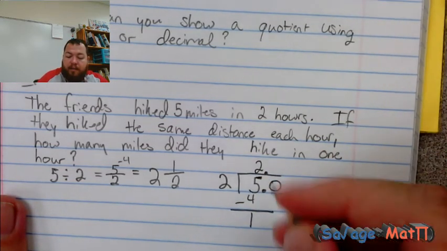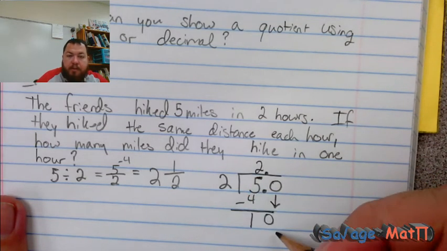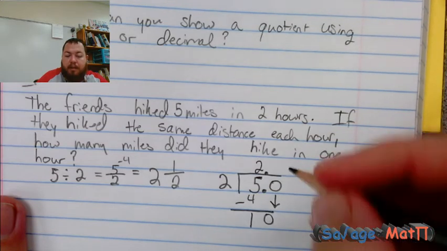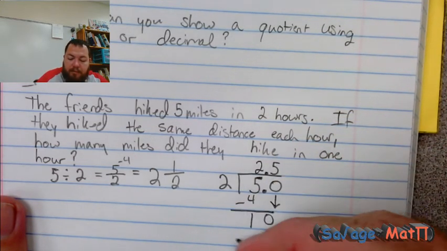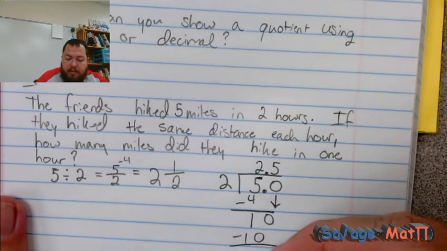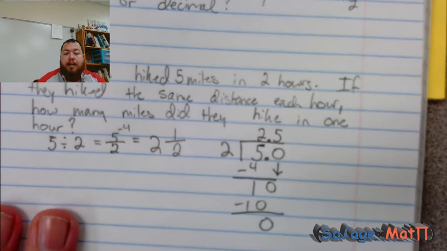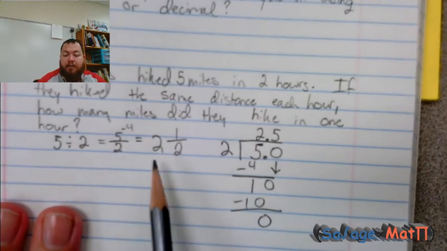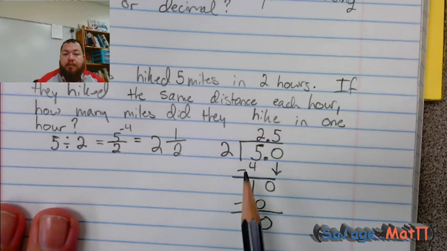So now bring down my 0. I have 10. Does 2 go into 10 evenly? Yes, 2 goes into 10 5 times. So 5 times 2 minus 10 gives me 0. So I know that 5 divided by 2 equals 2 1/2, or 5 divided by 2 equals 2.5.